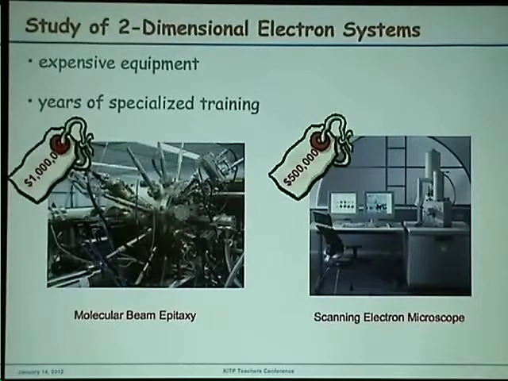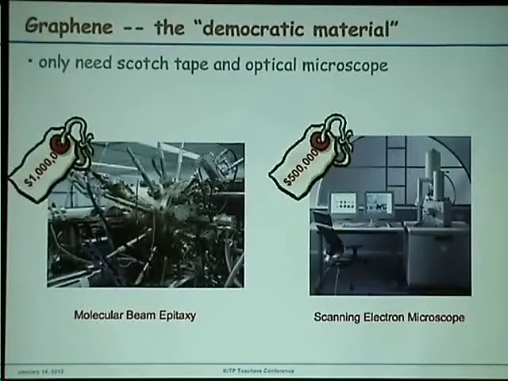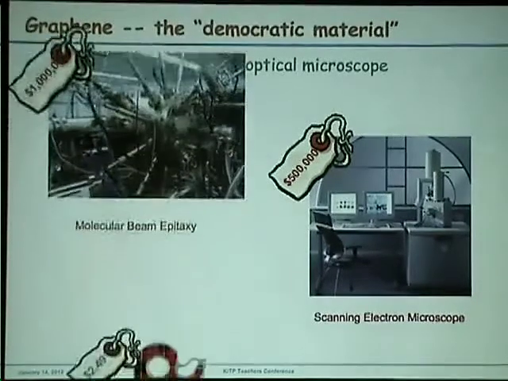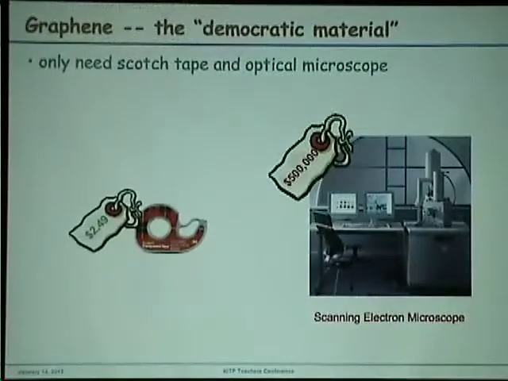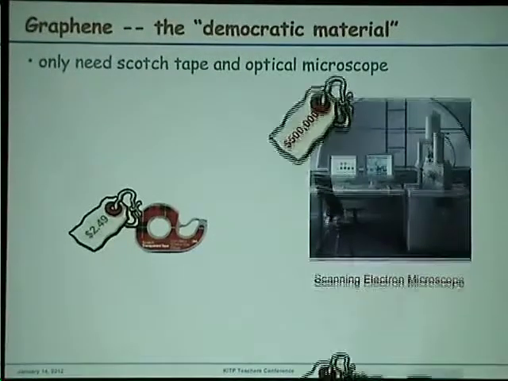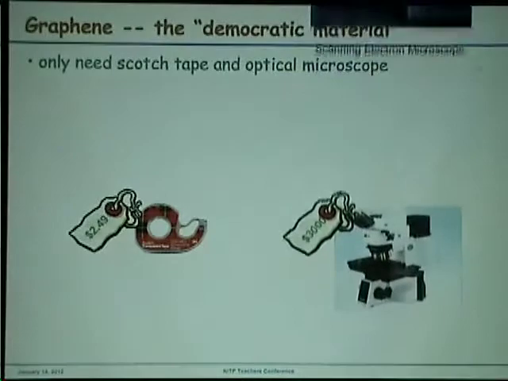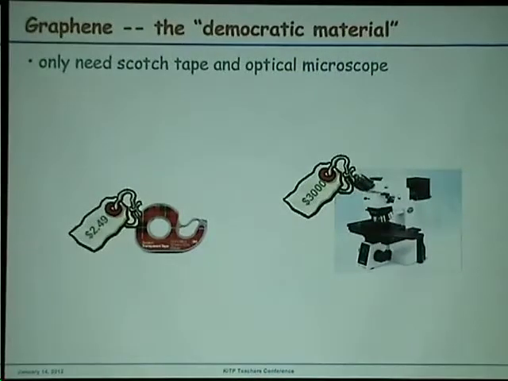And you have to do things with it using a scanning electron microscope. So that's why graphene is so great: we replace that with scotch tape. We can replace that with a good optical microscope, right? So it makes things a lot easier and accessible for physicists worldwide. And because those expensive equipment also take years of training and are really, really difficult to make.